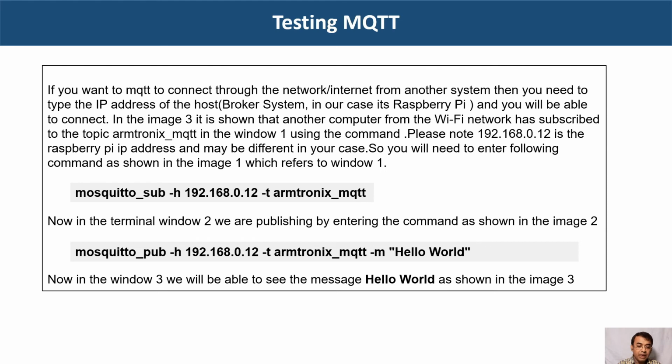So now how can you test whether the MQTT client and the MQTT broker can communicate correctly? Now I will open my Raspberry Pi terminal and show you how the communication is going on.